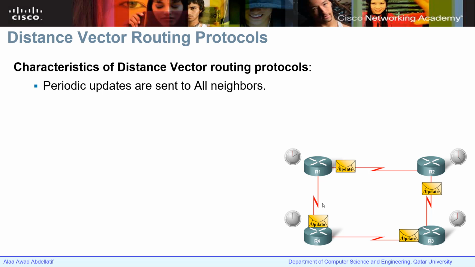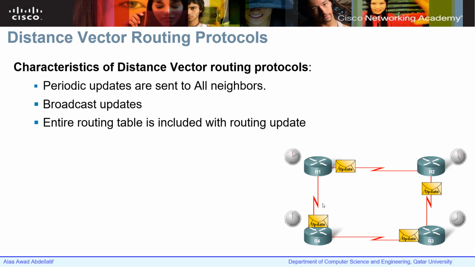For distance vector routing protocols, periodic updates are sent to all neighbors. So the first characteristic is that it uses distance and direction. Second, it uses periodic updates. Each router will build its own routing table and periodically send this routing table to all neighbor routers. So the routing information exchanged between the different routers will be periodic. And these updates will be broadcast.